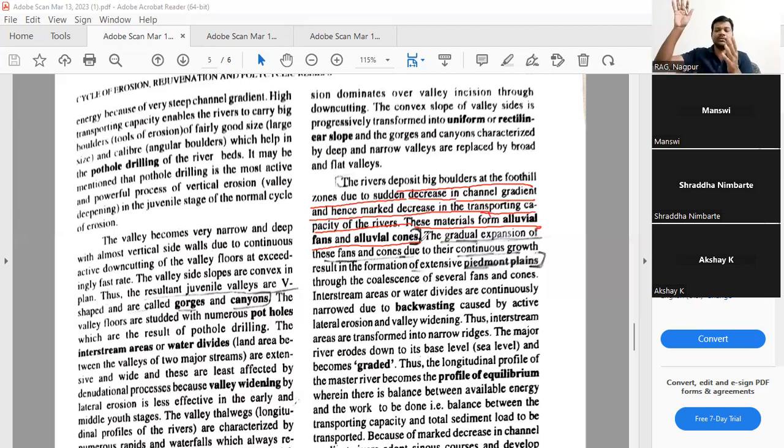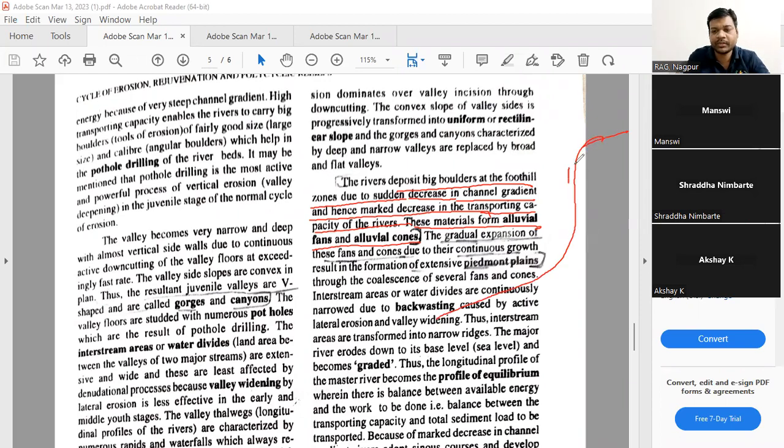Due to this high transport capacity, larger material was brought by the river with very ease. It is now impossible for the river to carry it any further, right? So it will start to deposit the material at the foothill zones, like here.